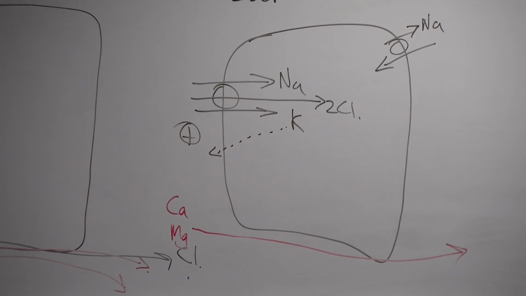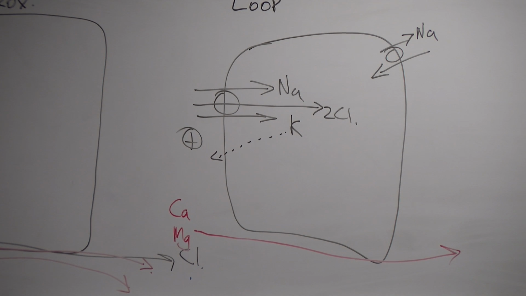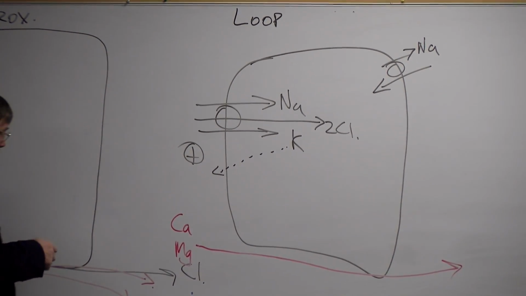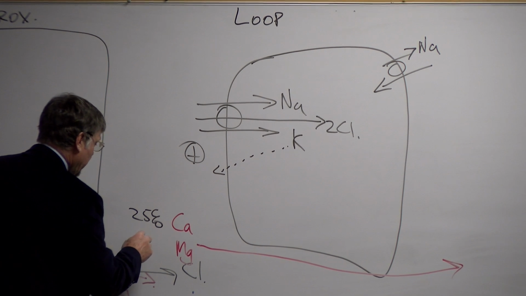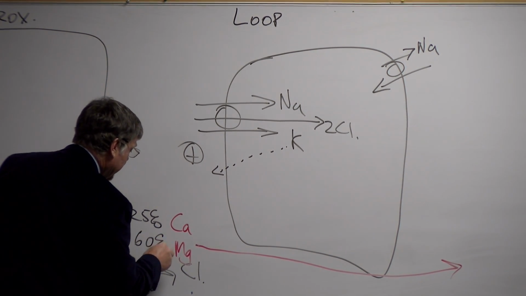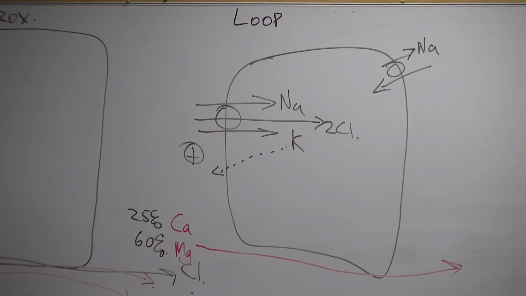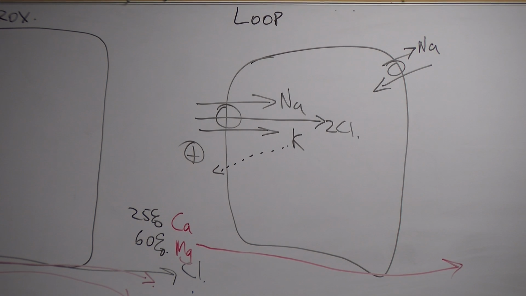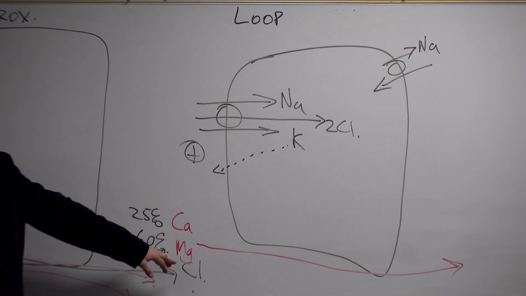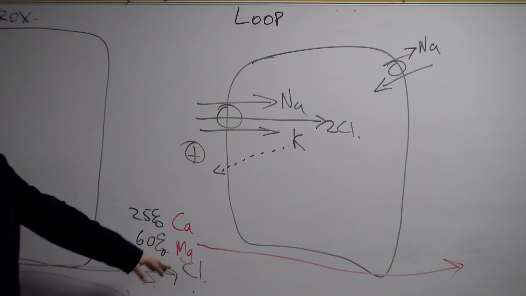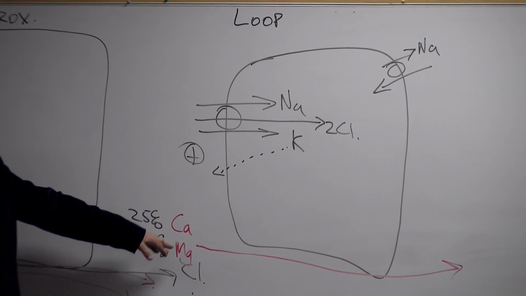And these figures should match up. 25% for the calcium, and about 60% for the magnesium. So interestingly, the loop of Henle is where most of the magnesium is reabsorbed. And again, it's by a paracellular route, the claudin 16.